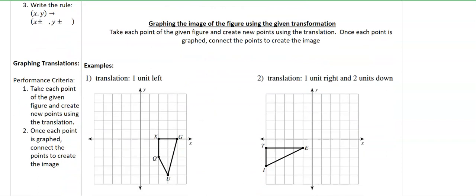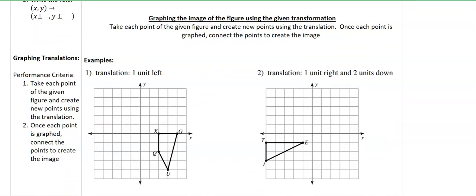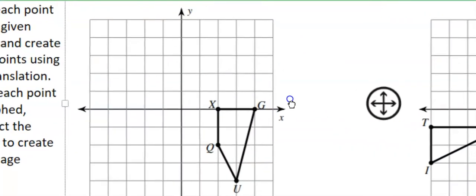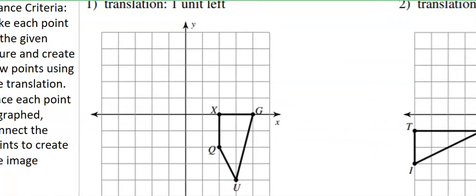Okay. Now we can also graph an image of a figure using the given transformation. So I want to start by taking each point of the given figure and creating new points using the translation. So it says 1 unit left. So I know my x here, I'll zoom in. 1 unit left. This point needs to move over, move over, move over, and move over.